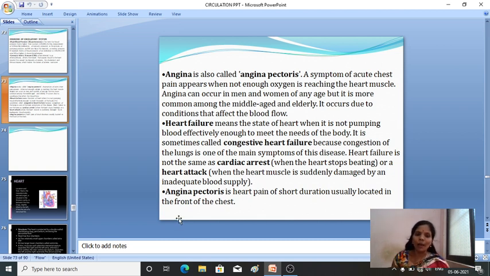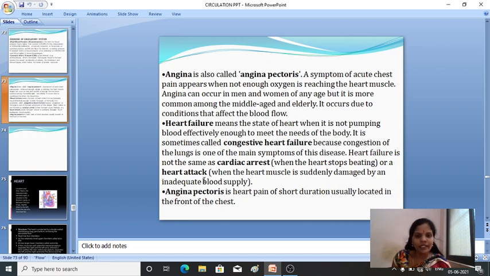Fine. So what happens if a person suffers from a heart attack or cardiac arrest? In cardiac arrest, the heart stops beating, and in a heart attack, the heart muscles are suddenly damaged by an inadequate blood supply.